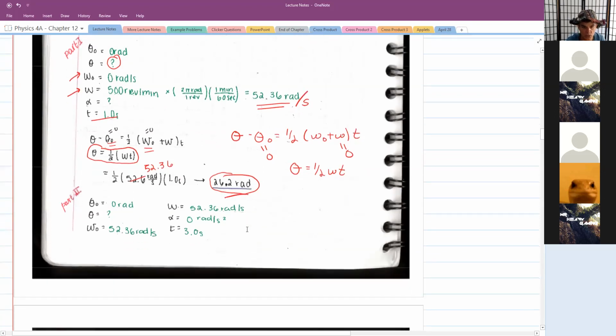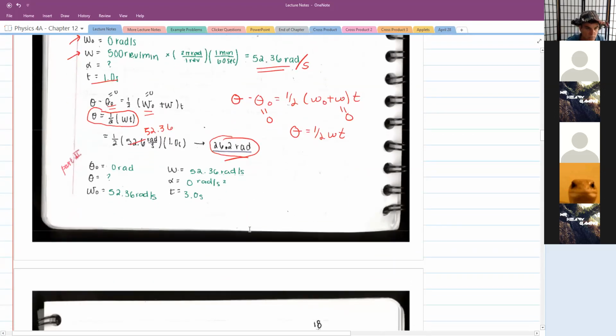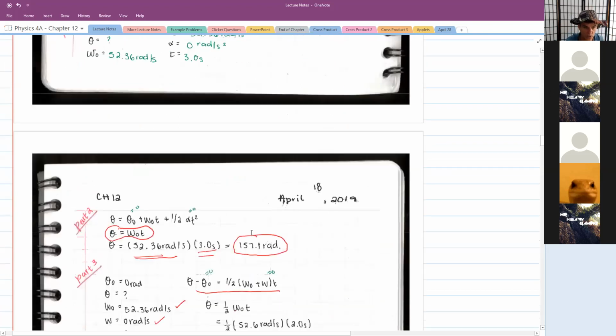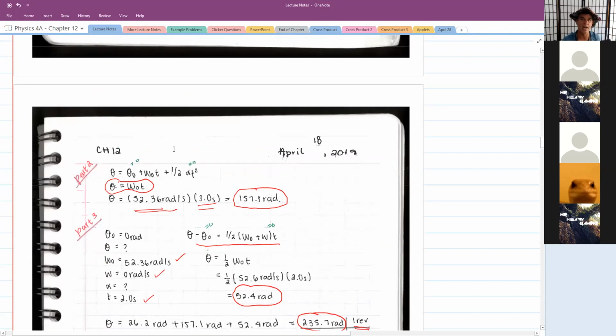And then in part 2, what does it do? Oh, now it continues at that speed for 3 seconds. And so I, again, can figure out how many radians it rotates through. I'm going to use theta equals theta naught plus omega naught t plus 1/2 alpha t squared.